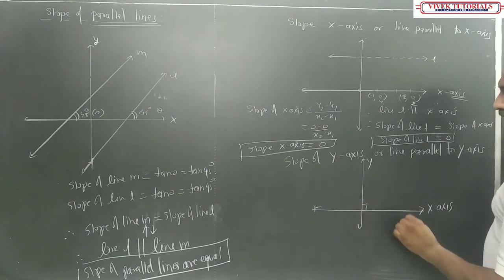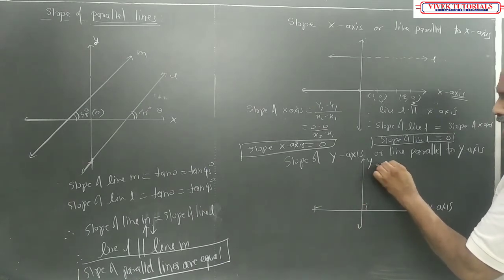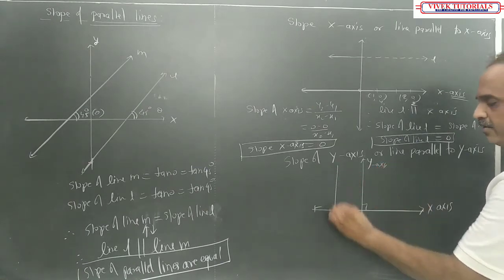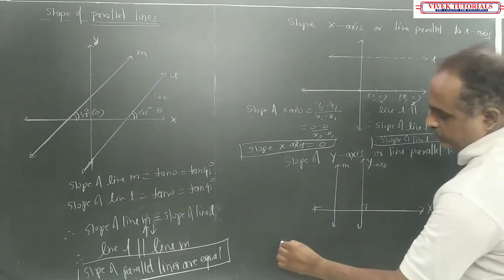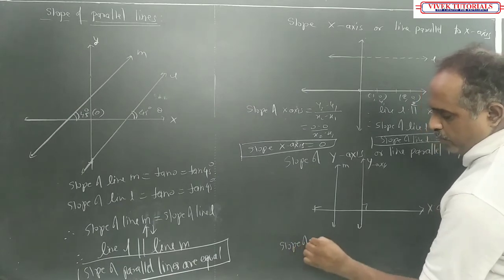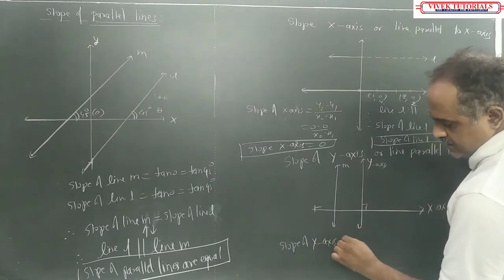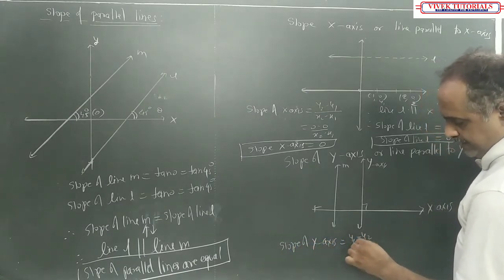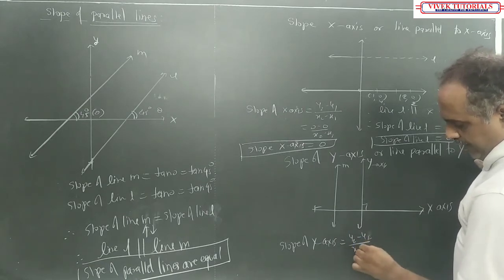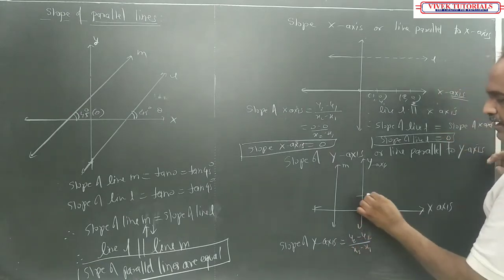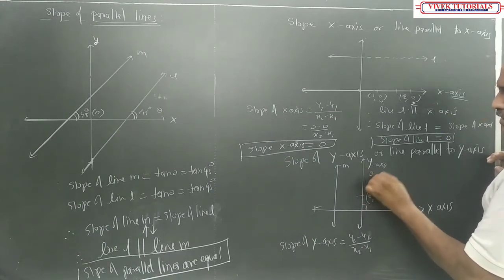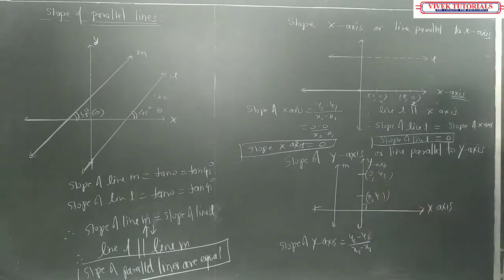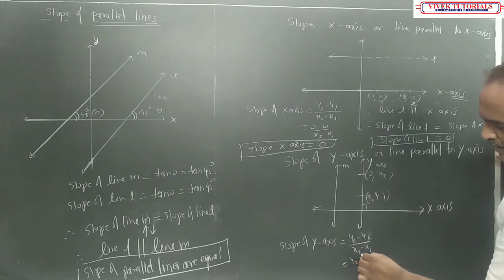This one is 90 degrees. And there is another line which is parallel to line M, right? So first we write slope of y-axis is equal to y2 minus y1 upon x2 minus x1. But here it will be (0,y1), (0,y2), so it will be y2 minus y1 upon 0 minus 0.